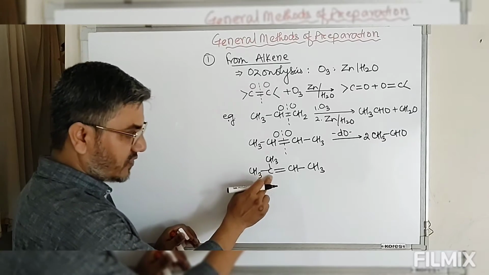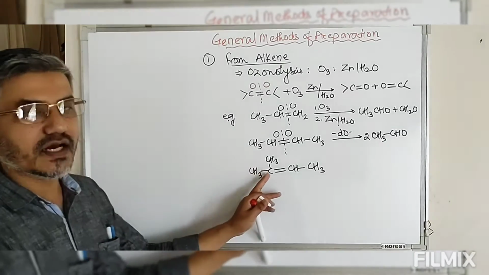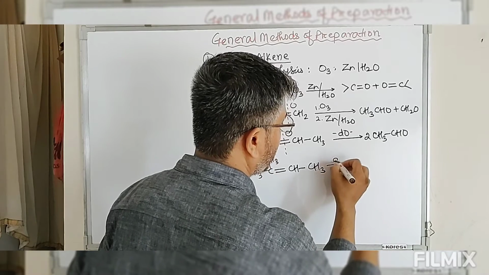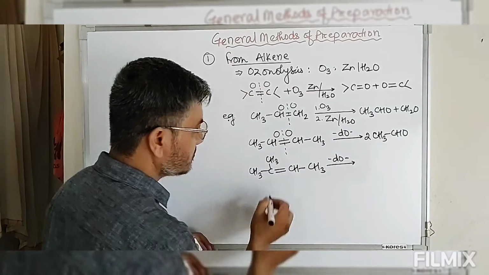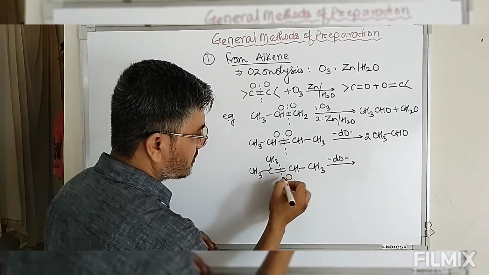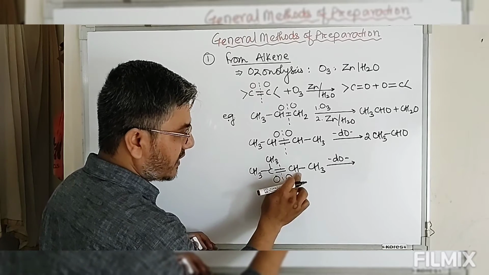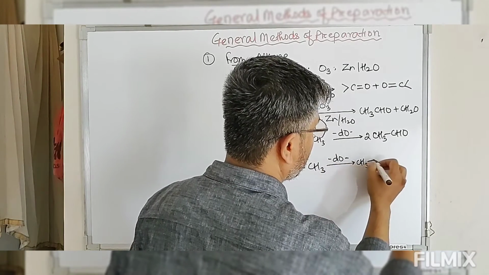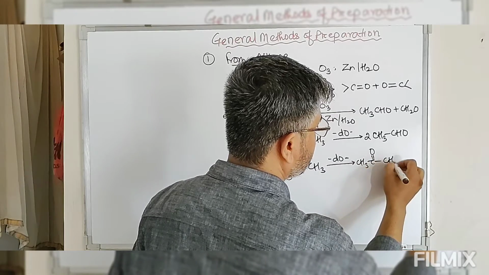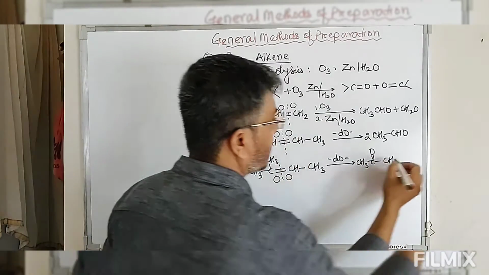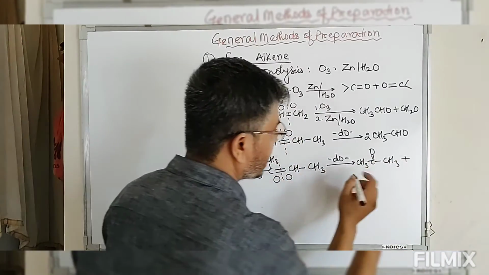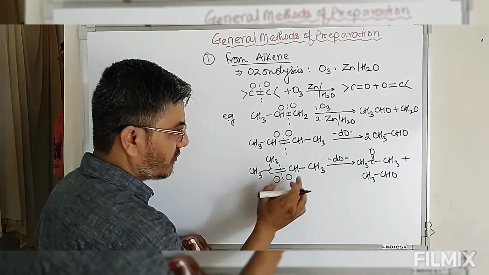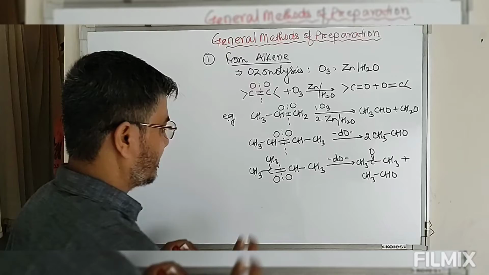Now this carbon of the double bond does not have any hydrogen, so this carbon will be converted into a ketone. Using the same reagent, we break this bond. This is converted into an aldehyde, this is converted into a ketone. So we have CH3 C double bond O CH3, one ketone, plus the other product, an aldehyde. So we are getting a mixture of aldehyde and ketone.